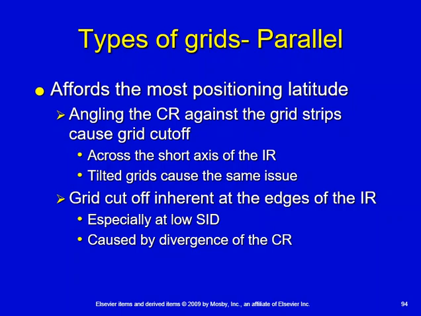But if you drop your SID down to 20 inches, you might not be able to open your collimators enough to completely cover your image receptor. So you're utilizing the entire divergent X-ray beam at 20, 30 inches, as opposed to 72 inches, where you're just using the center of the beam. The divergence at 72 inches is pretty minimal, but at 20 inches, it's very significant. So grid cutoff in the periphery is much worse at low SID than at long SID because of the divergence of the central ray.